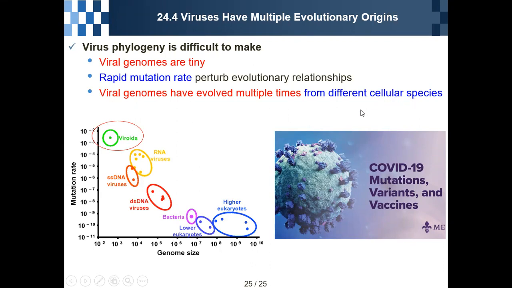For example, COVID-19 infects me, and that virus can infect other people, and other people, and in the end the final virus has a different genome. That's why it is very difficult to make a vaccine. So these are the characteristics of viruses: the viral genome is very tiny, but they have a higher mutation rate.